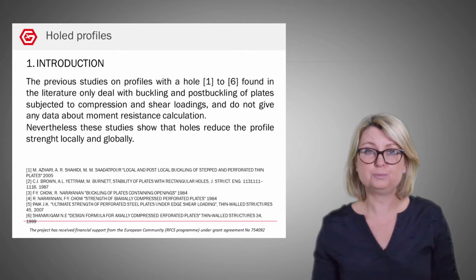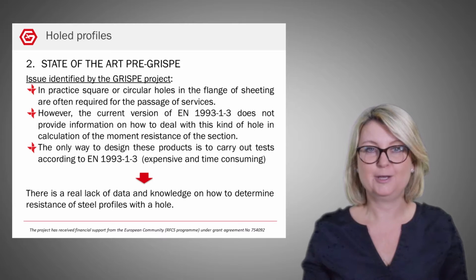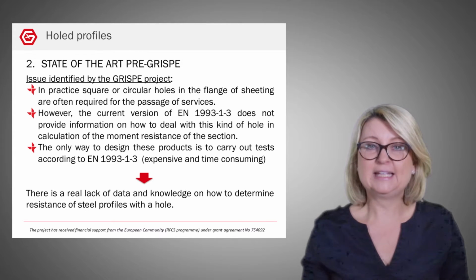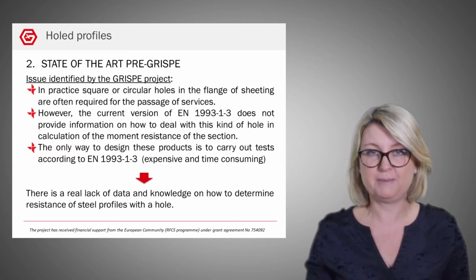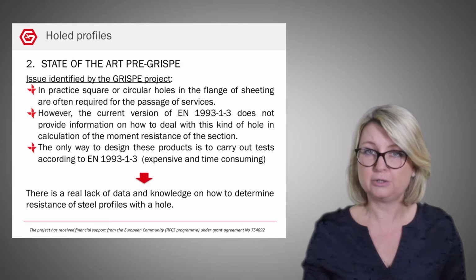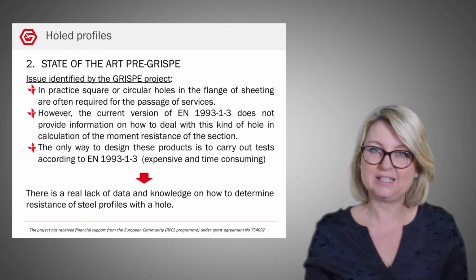But they do not provide any information on calculation of the moment resistance. Thus, at the beginning of the GRISP project, we could observe that despite the frequent presence of a hole in the upper flange, no information was given by the Eurocode or by the literature on how to take a hole into account when designing a steel profile.